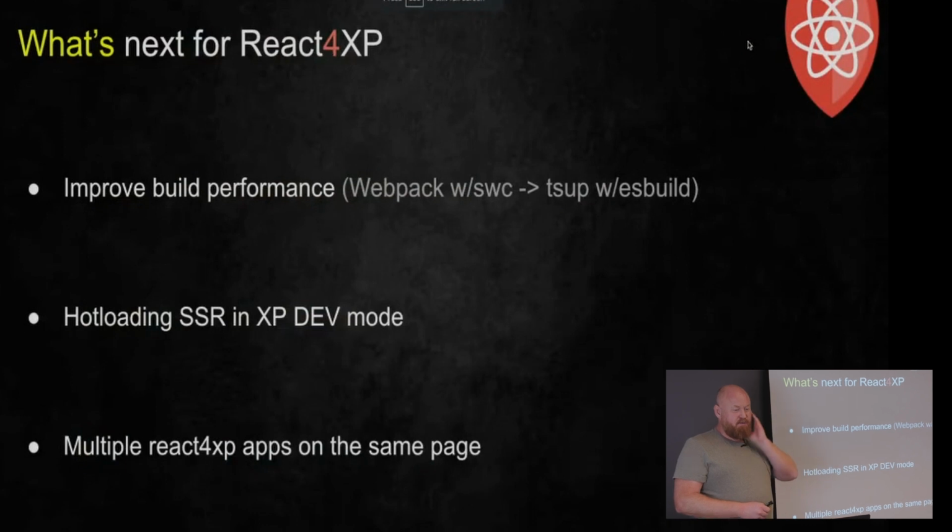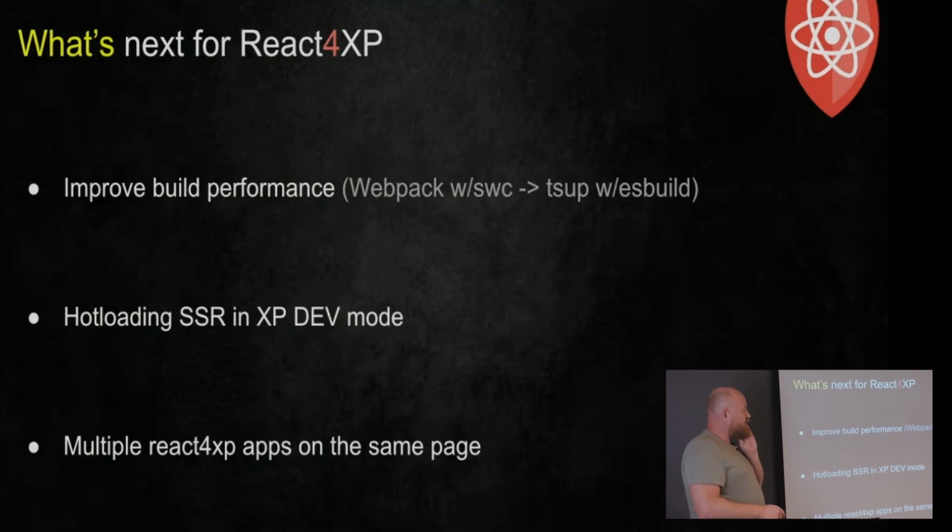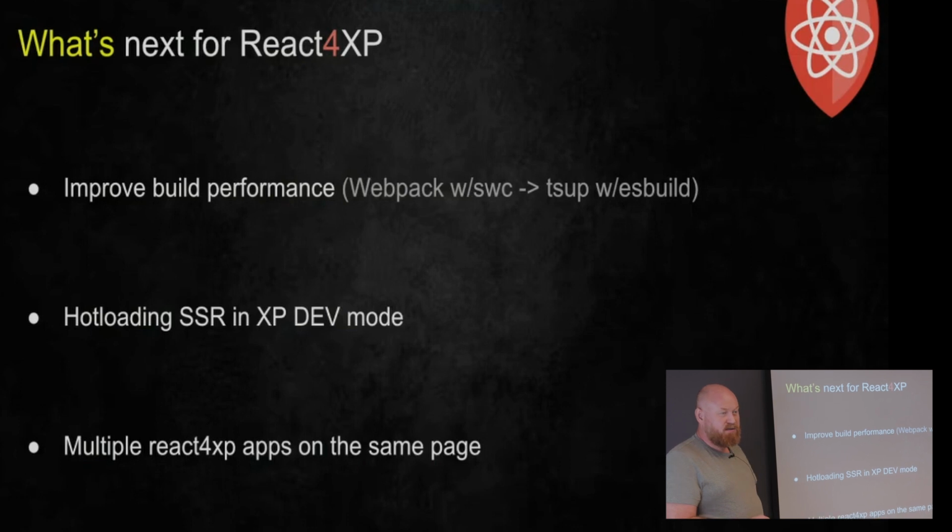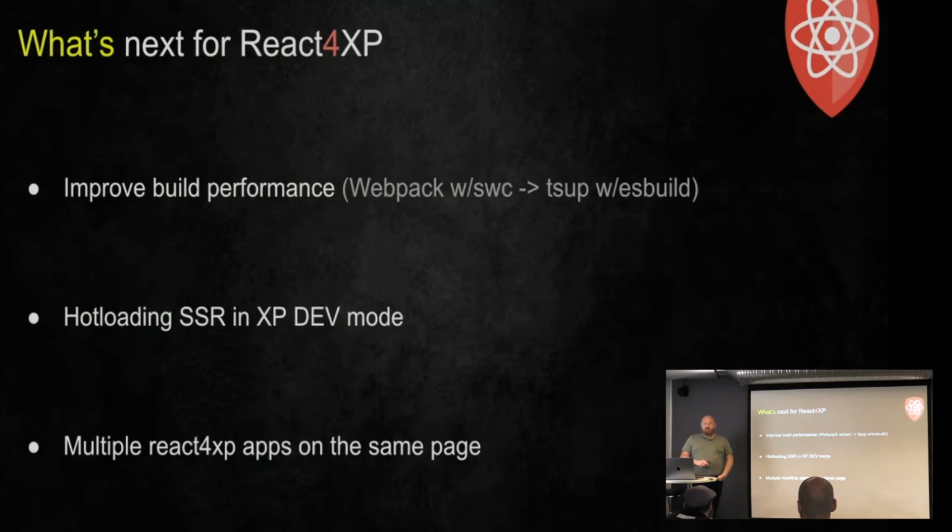So the roadmap, what's next? I talked about build performance. We're using Webpack with SWC now. We plan to move to TSUP with esbuild, which is even much faster. On my machine, sometimes I build in like 2 seconds, whereas before it took me a minute.